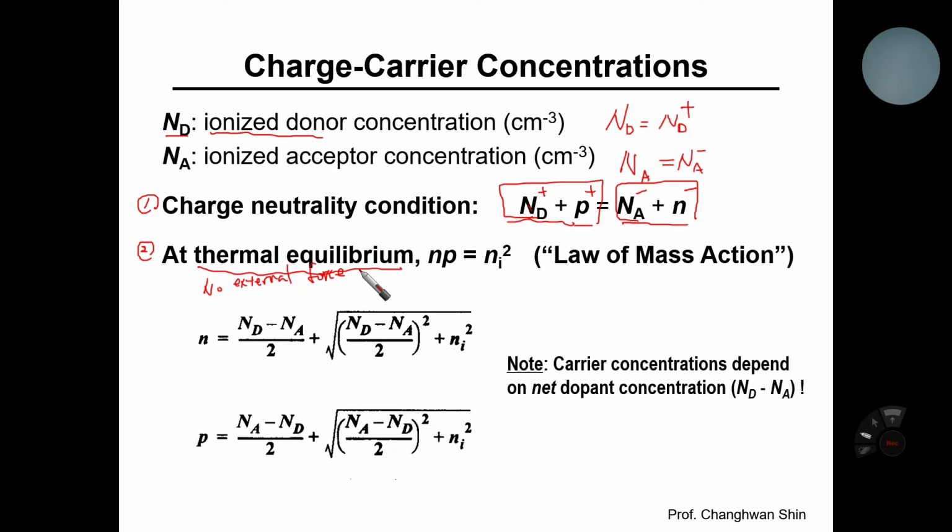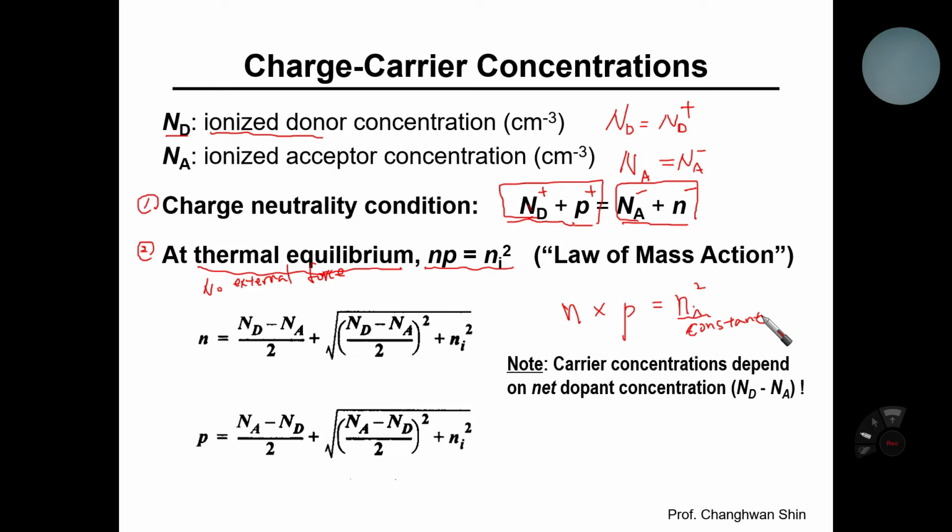But at this point, please remember that there is no external force: no voltage, no electric field, no magnetic field, no light, and no mechanical stress. All types of externally applied forces are not included. At thermal equilibrium, the total electron concentration times the hole concentration should be equal to a constant, which is n sub i squared.